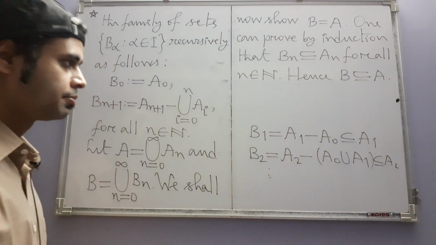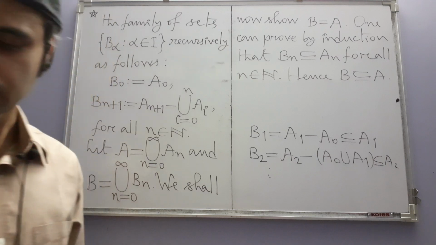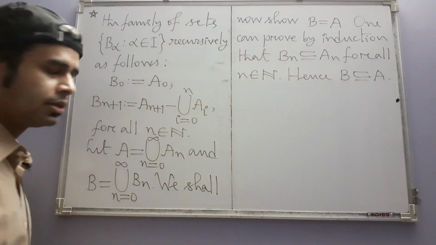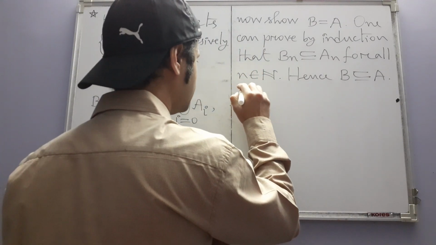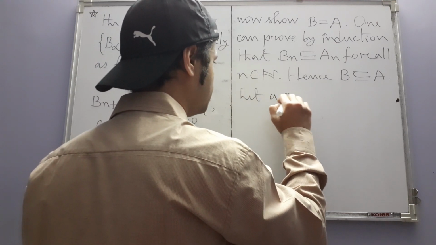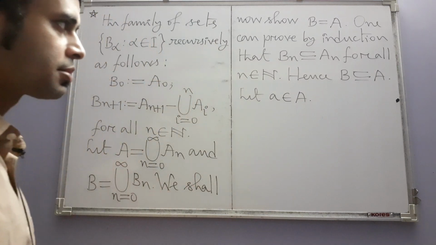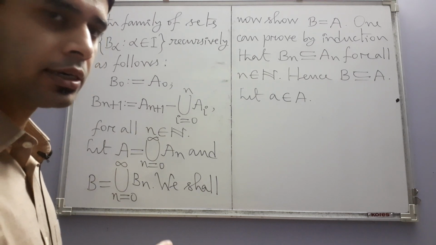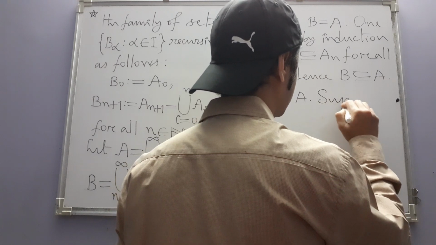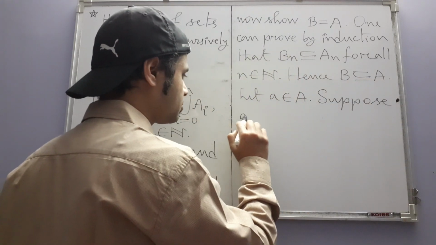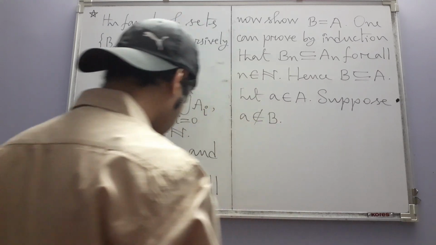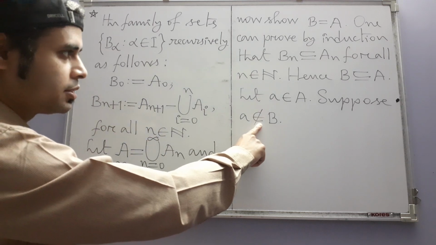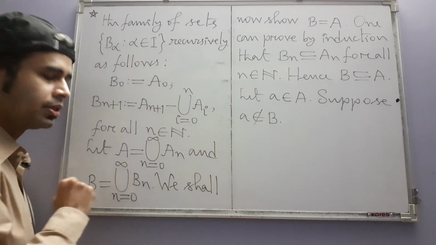Now we are going to prove the reverse inclusion, that A is also a subset of B. For that we are going to choose an arbitrary element in A. Let a belong to A. Contrary to what we are trying to show, suppose that a does not belong to B. But since B is just the union of the Bn's, this supposition means that a belongs to none of the Bn's.